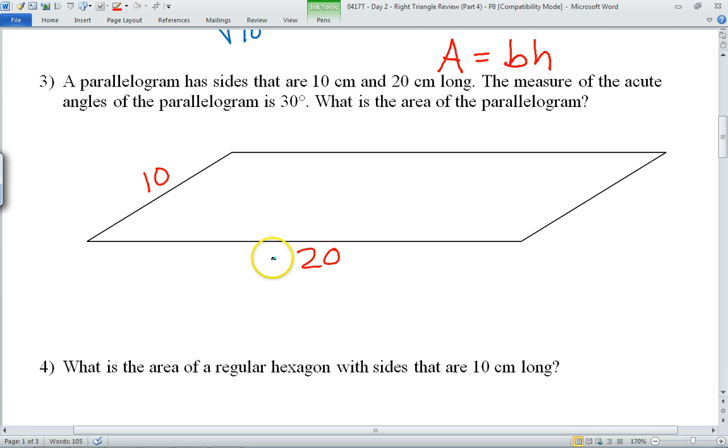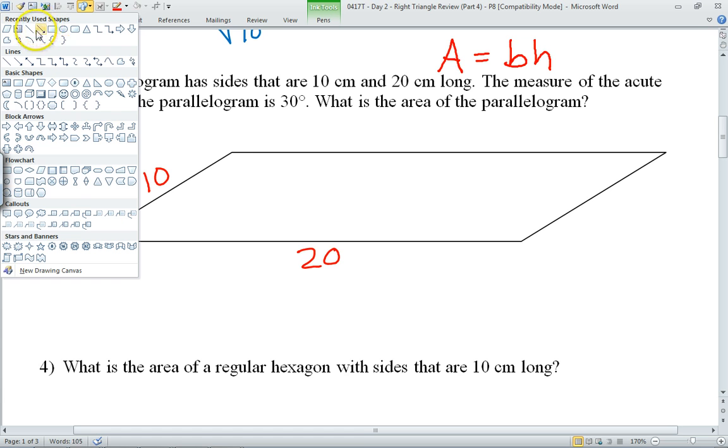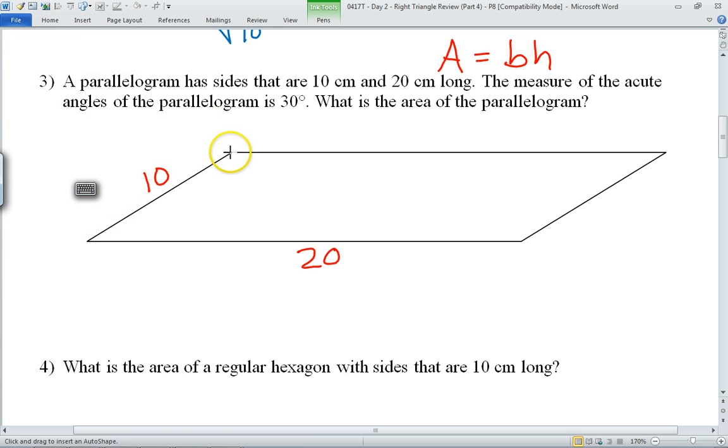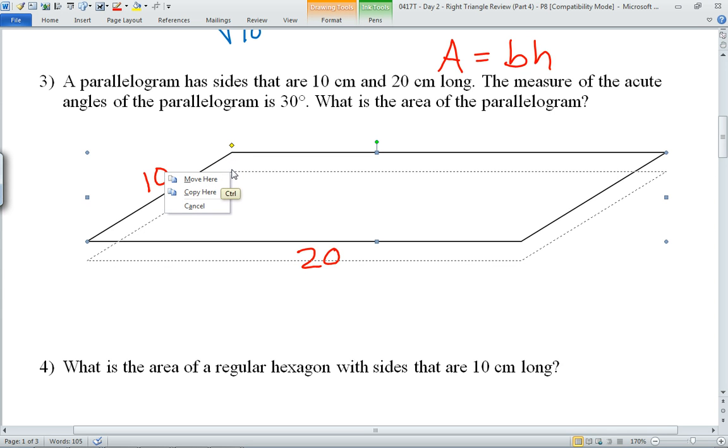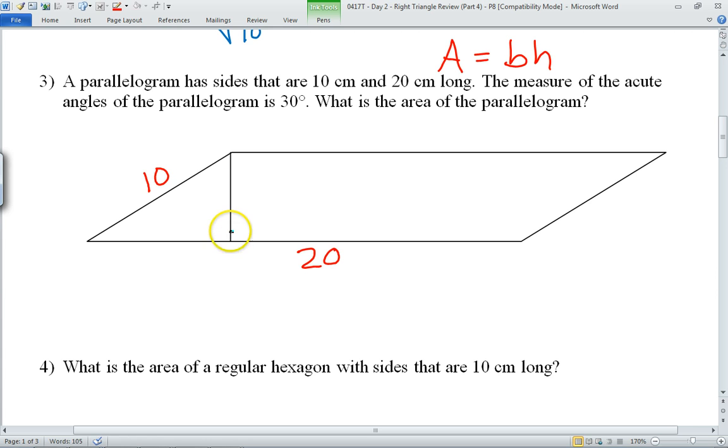Well, no, it doesn't. 20 is the base, but 10 is not the height. The height is a vertical line straight down perpendicular to this 20. So in other words, this is the height that would look like this. Whoops, I moved it. This is the height.